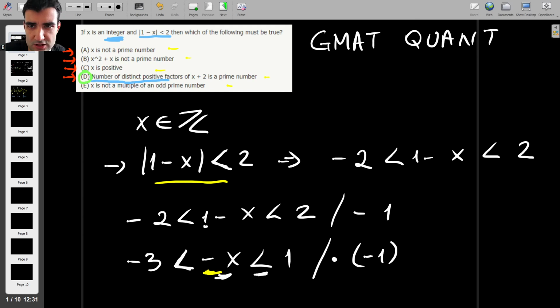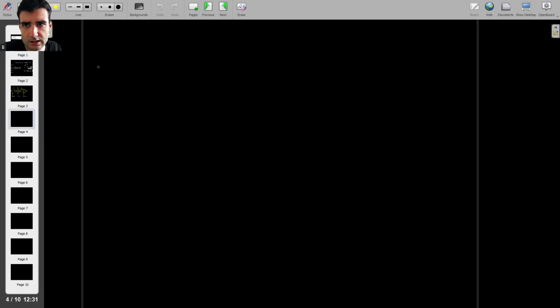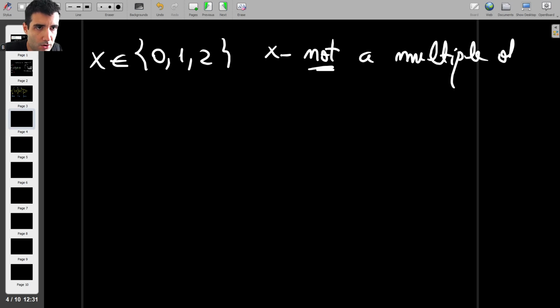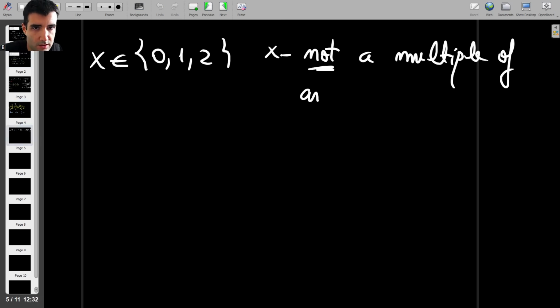But let's look at E just in case. So E says x is not a multiple of an odd prime number. Okay, so let's see. Let's write this again. So x is 0, 1, and 2. And E says that x is not a multiple of an odd prime number.